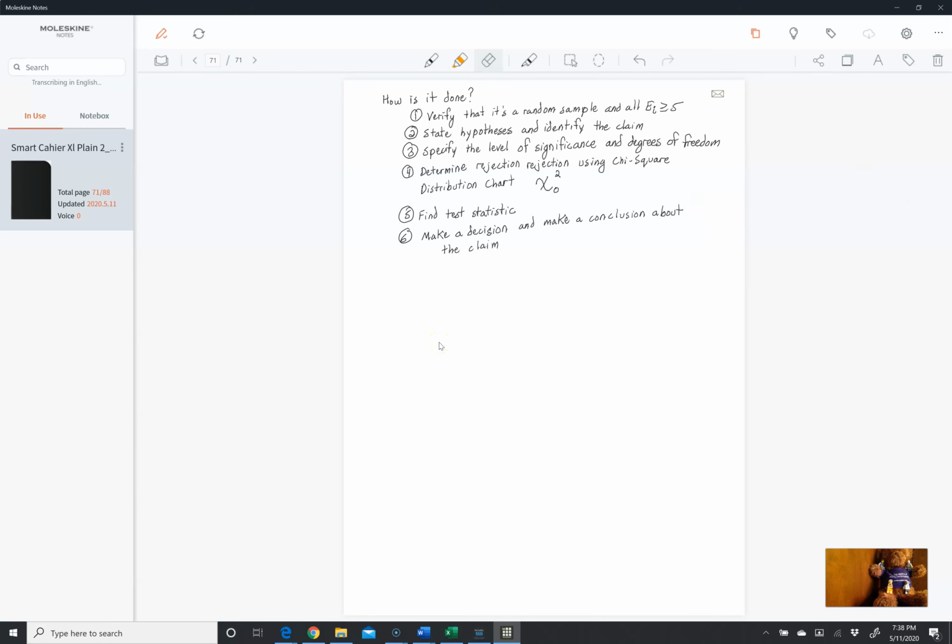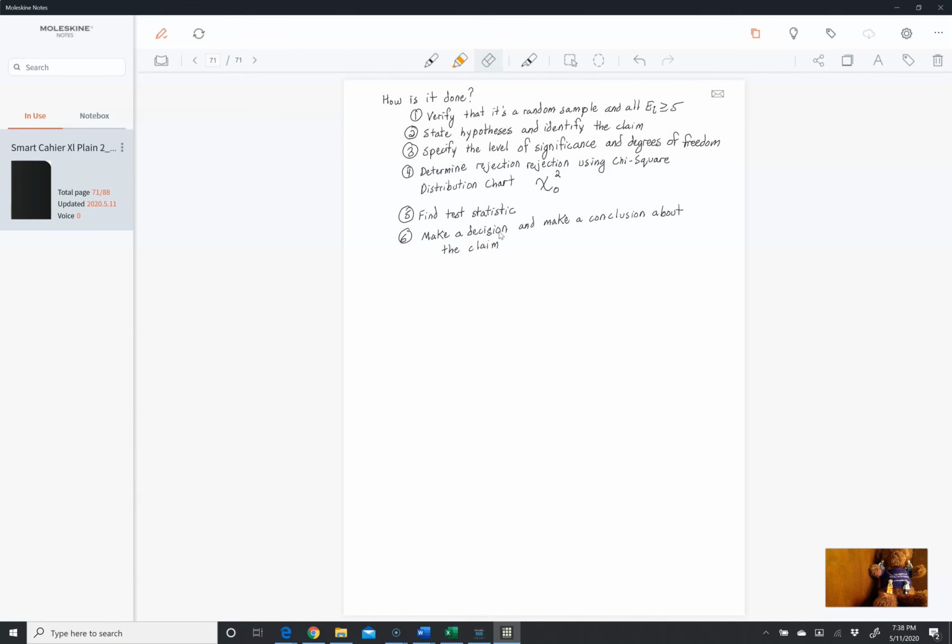Okay, so we're going to do 3 examples where we go through this whole process, all of the calculations. And again, the calculations, particularly to calculate chi-squared, not from the distribution chart, but to find the test statistic, that is a very time-consuming, tedious process, and a lot of times you would use technology to do it.